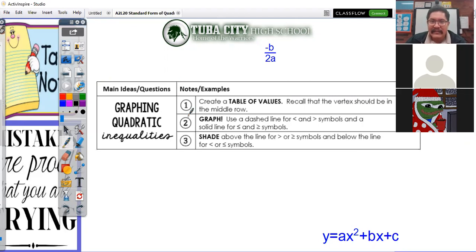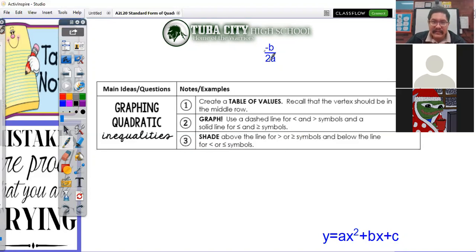Shade above the line for ones that are greater than, or greater than or equal to symbols, and below the line for less than or equal to symbols. So same rules as the other one, where you graph above or below the line.